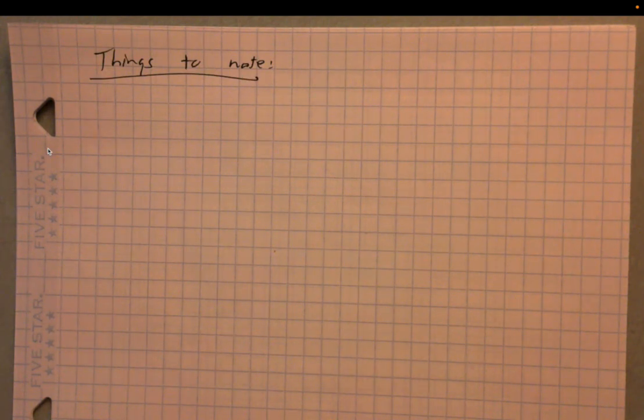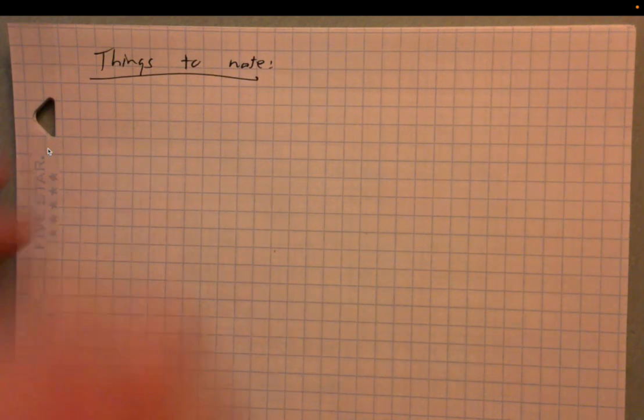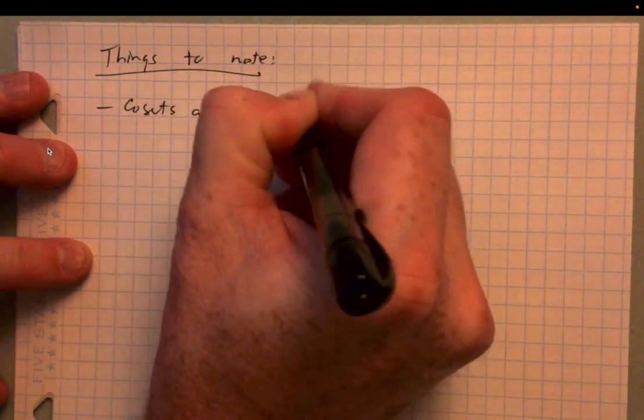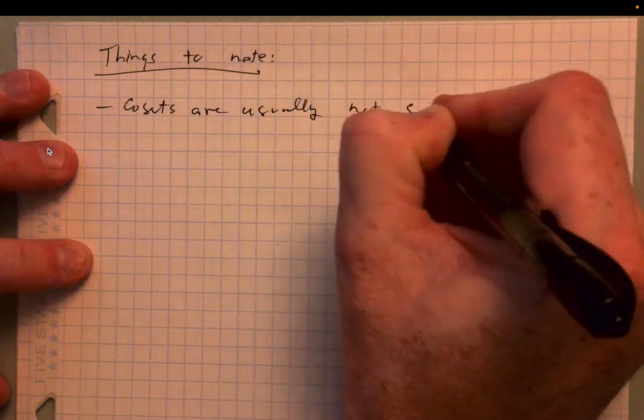The first thing is that cosets are usually not subgroups.